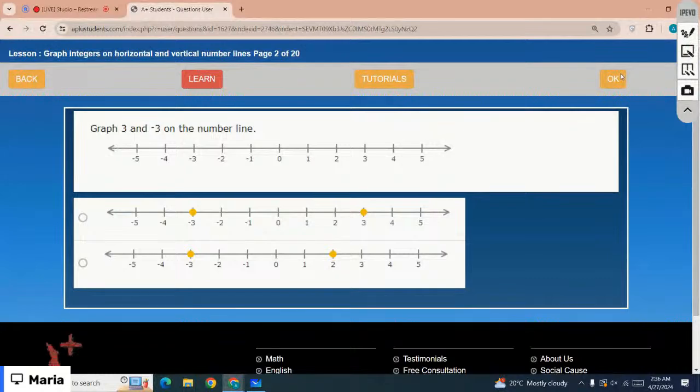Graph 3 and negative 3 on the number line. So, which is the correct option?